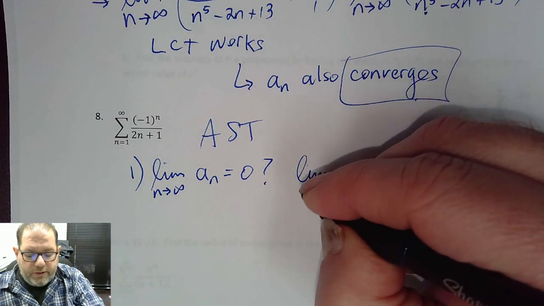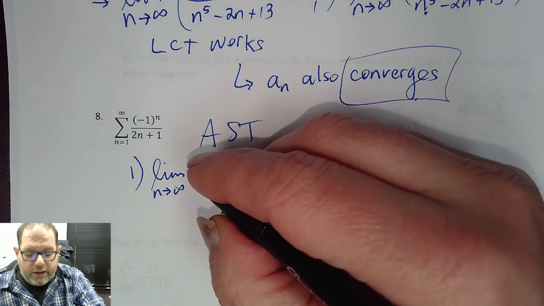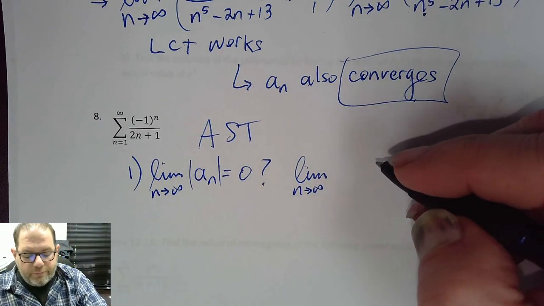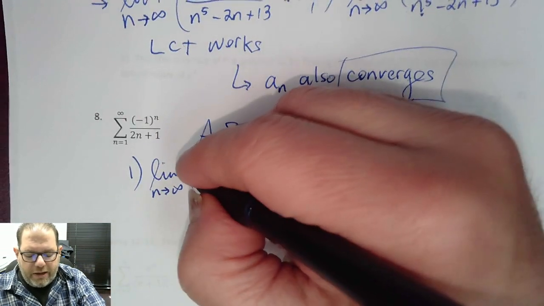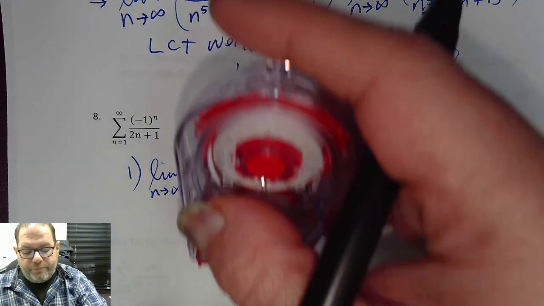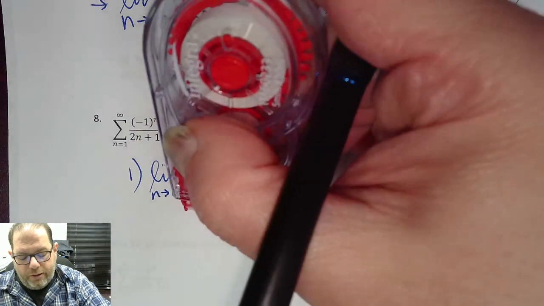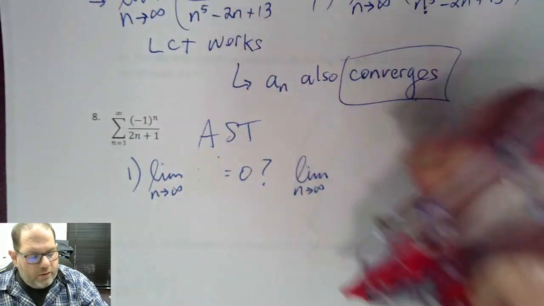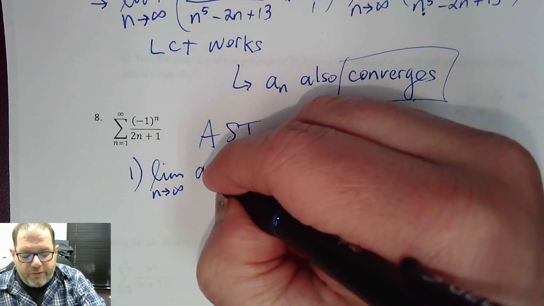Well, if we take the limit as n goes to infinity, probably it's better to say a sub n is the part that's not alternating.